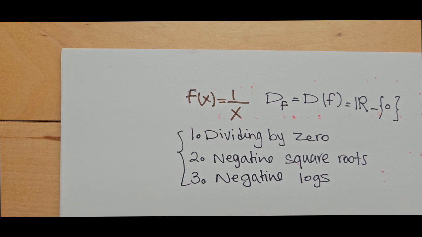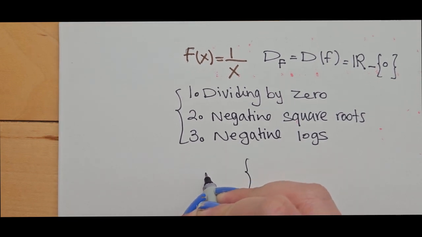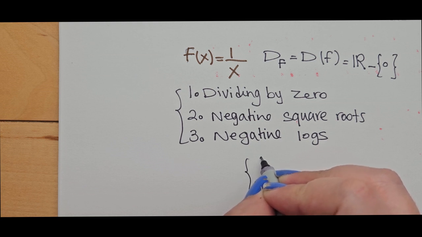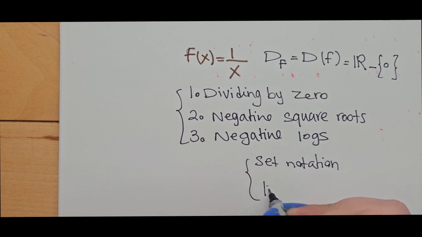Now, how can we write down the domain? There are two or three common ways, like the one I just showed you, which is called the set notation, and the other one, which is called the interval notation.